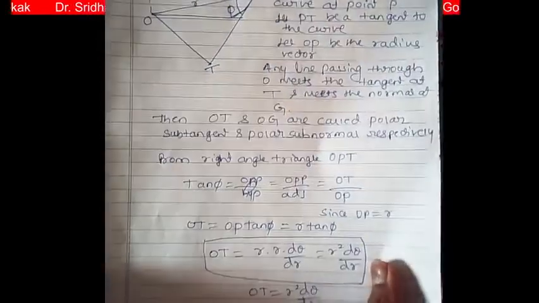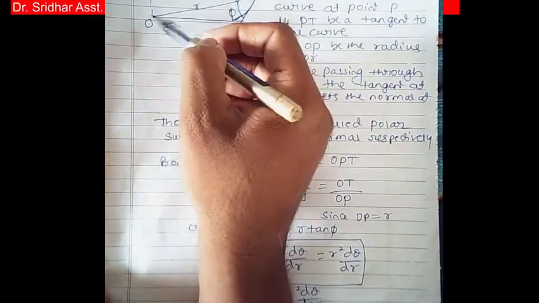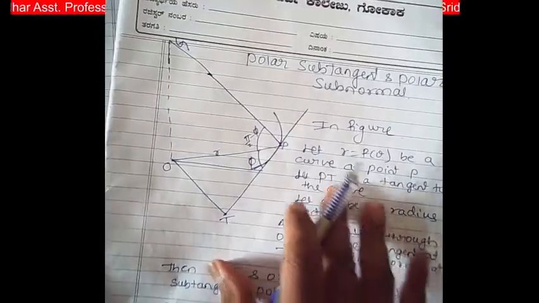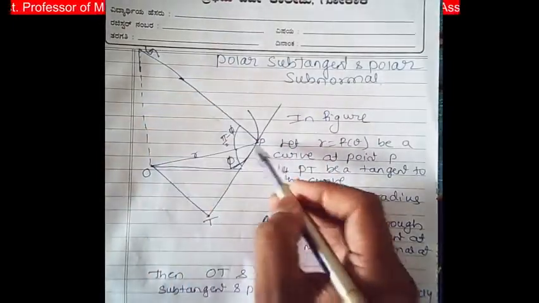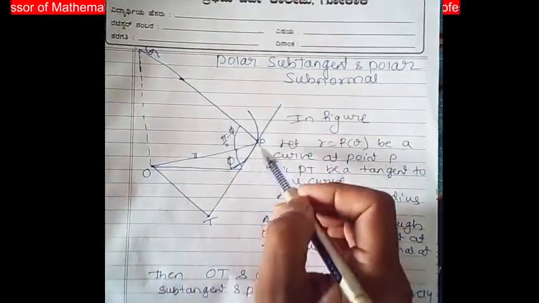Okay, now to derive the expression for polar subnormal, we consider this triangle. Again a right angle triangle OPG.